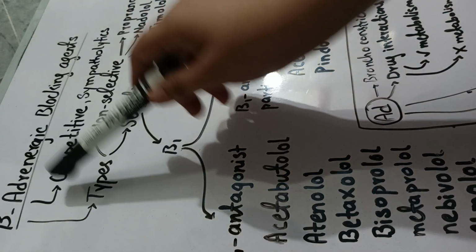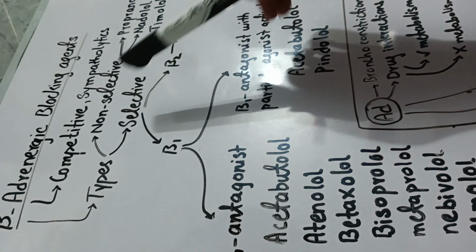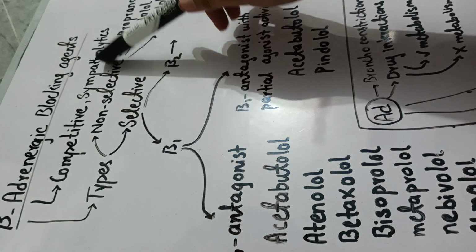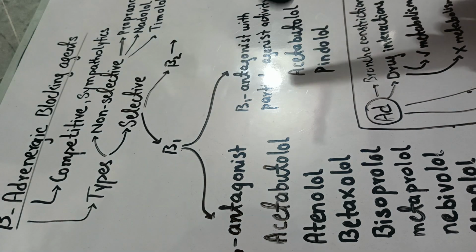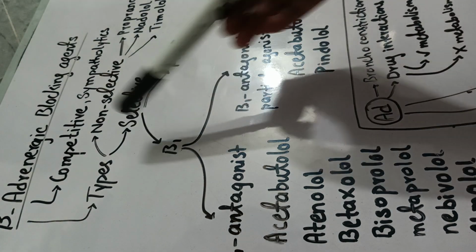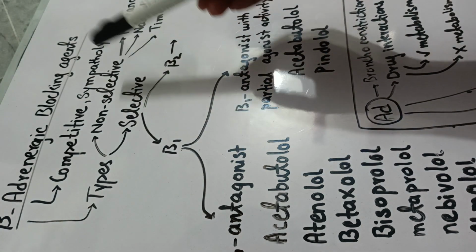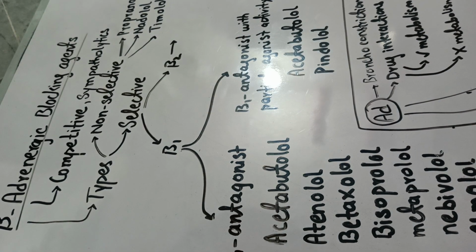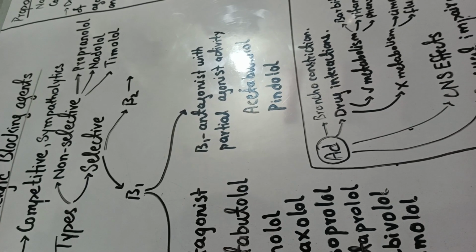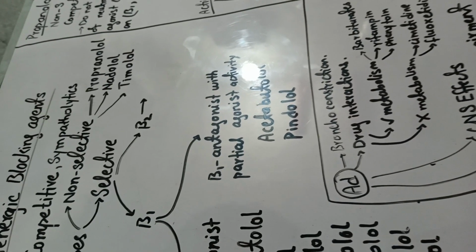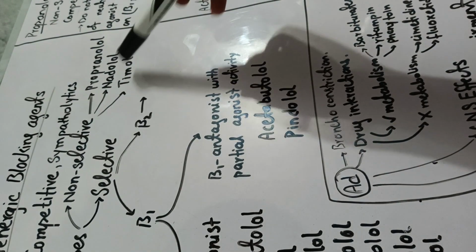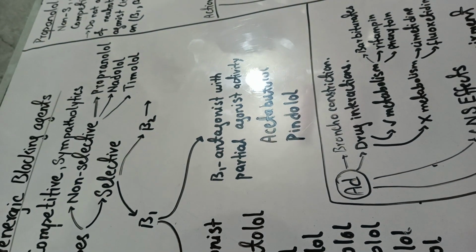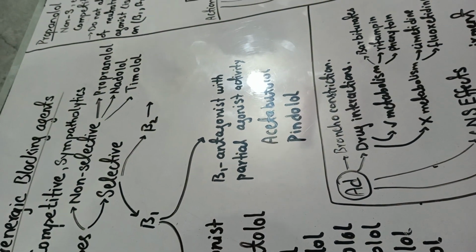In case of beta, all drugs are competitive, no one is non-competitive, and they are sympatholytics, decreasing the activity of the sympathetic nervous system. Further they have two types, some are selective beta blockers and some are non-selective. Non-selective drugs are three: propranolol, nadolol, and timolol. These are the non-selective drugs. They can act on both beta 1 and beta 2 receptors.